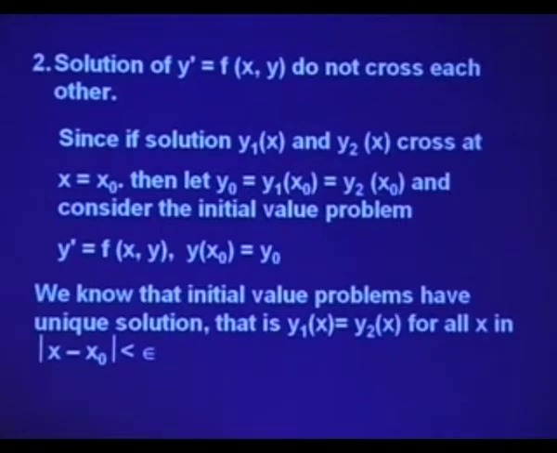So if in that small neighborhood they are equal, that says that if there are two solutions, they should not cross at all; crossing is not possible. From all this analysis we learned something more also.